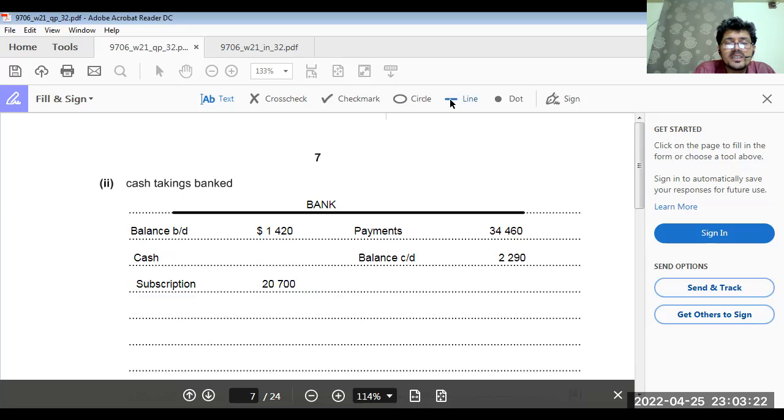Now we can come to the missing figure of cash. This is 34,460 plus 2,290, 36,750. Minus opening balance 1420 minus subscription 20,700, and we will get the amount total.